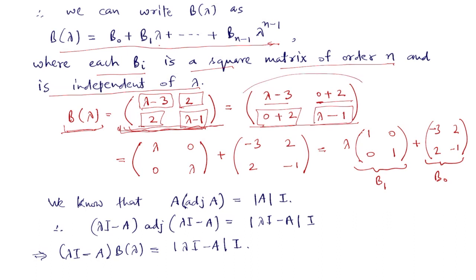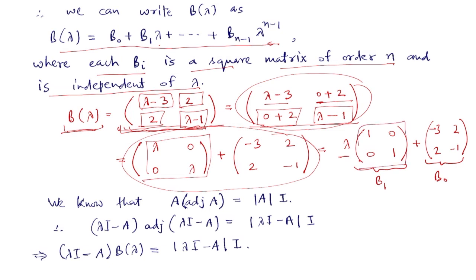Then we can write this matrix as a sum of these two matrices. This first matrix can be written as lambda into this matrix plus this matrix. So this is lambda times B1 plus B naught. So we have written B(lambda) this way, lambda B1 plus B naught. Similarly, this B(lambda) can be written in this way.